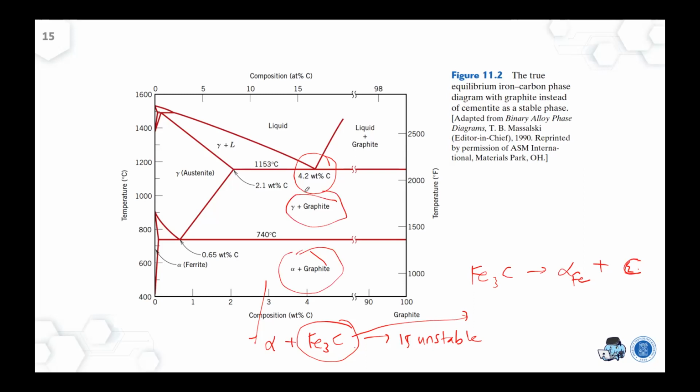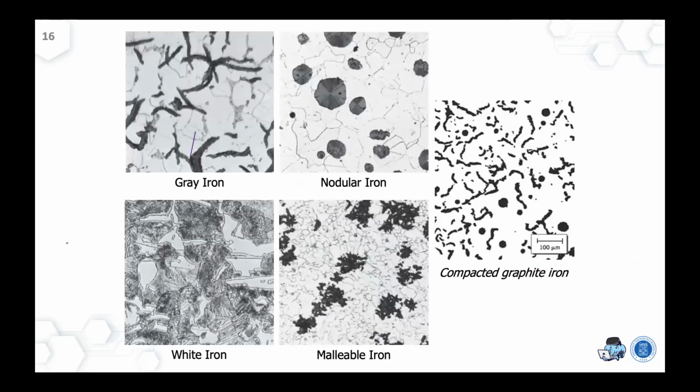Okay, so what happens is, in the iron they have those flaky carbon. So this is the carbon, and this is the alpha. It can be divided into gray iron, nodular iron, white iron, malleable iron, and compacted graphite iron.